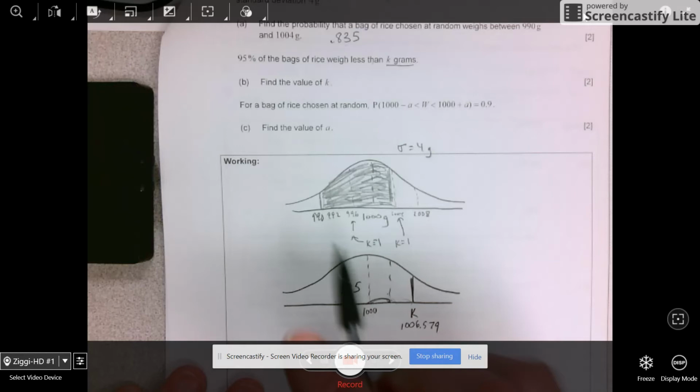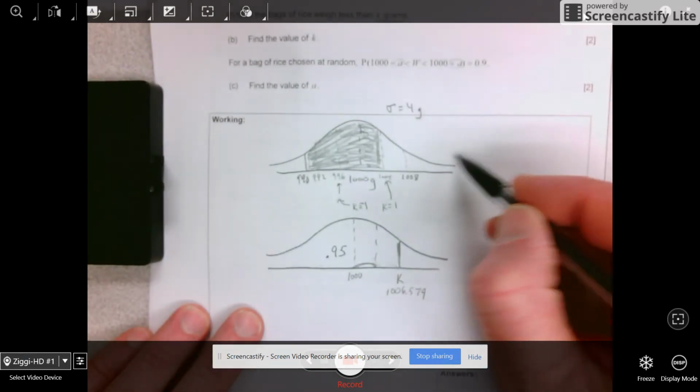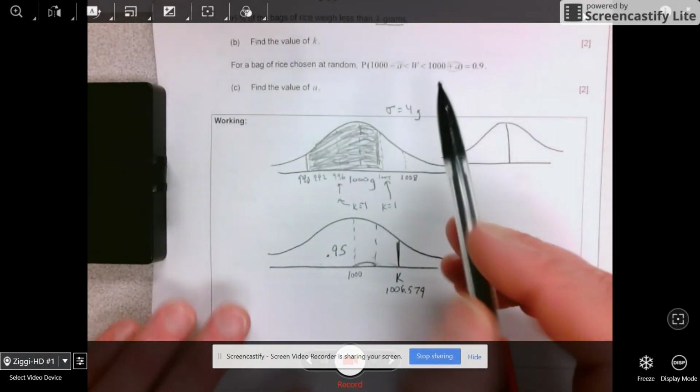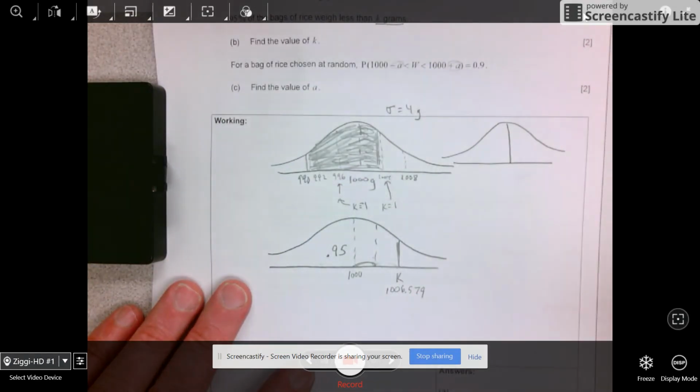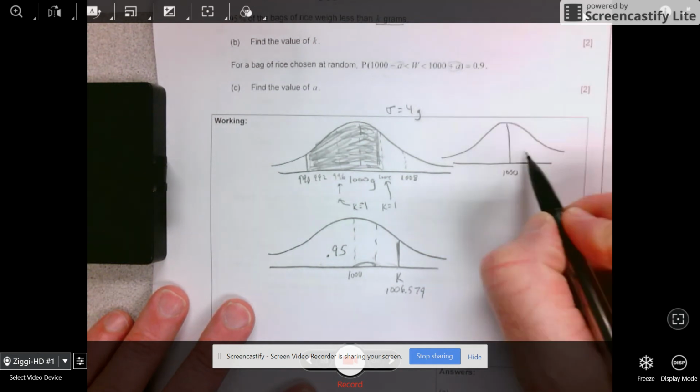The key here is the 1,000, so some value over here, 1,000 plus A, would be this value, and some value over here would be 1,000 minus A. The probability of being in between those values is 0.9. So in this case, I have 90% right here.